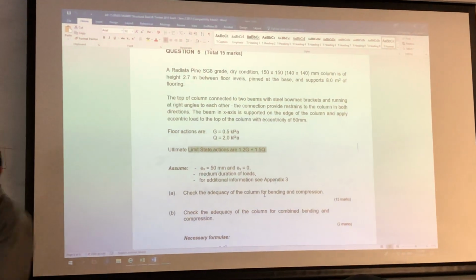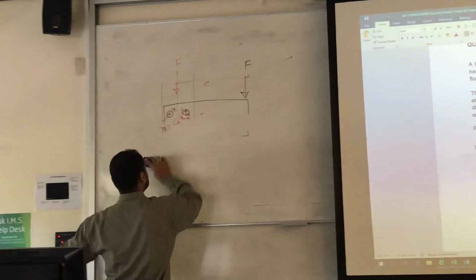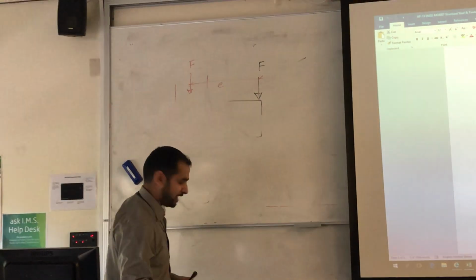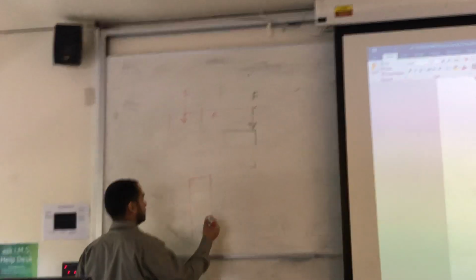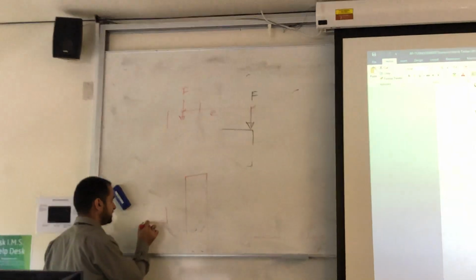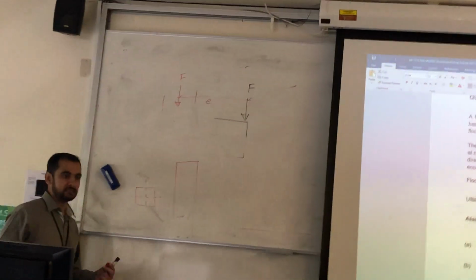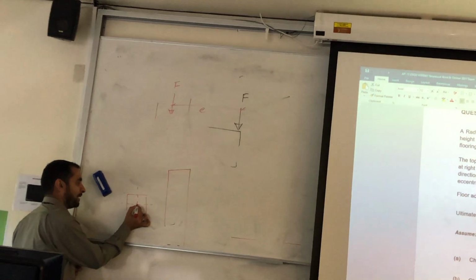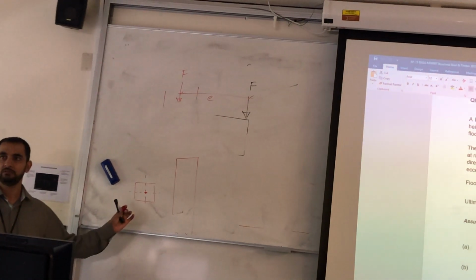So now, in this case, what we have is a column. Everything has a centroid. So if I do a cross section of it, that's the centroid, the center of mass or center of area. That's the centroid of the section, right?